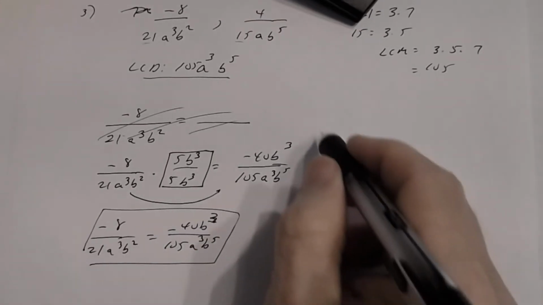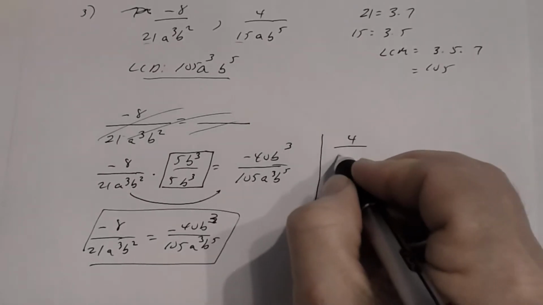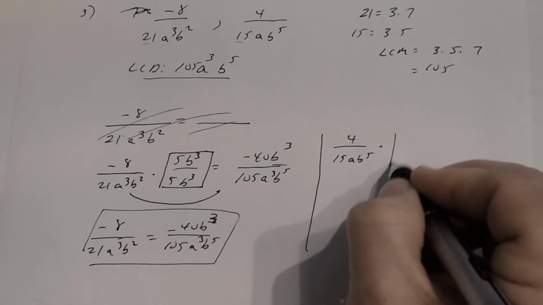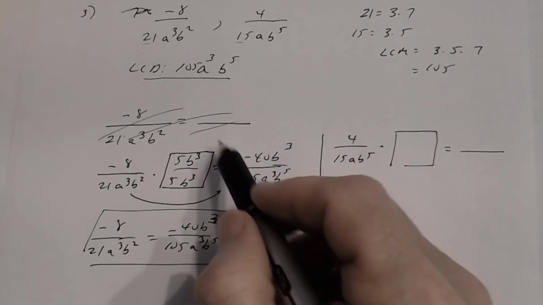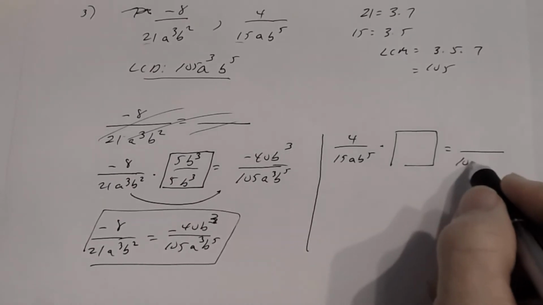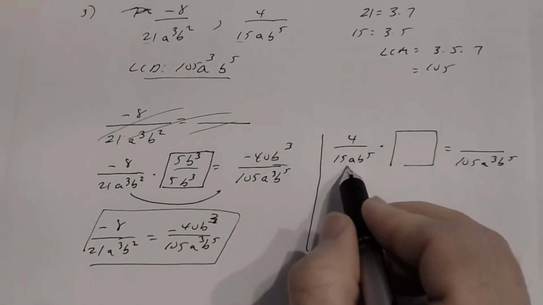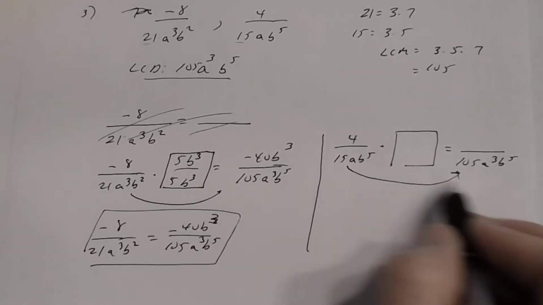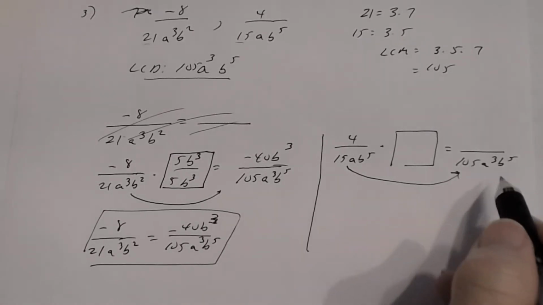Okay, now the second one, this one here, let's see what we get. 4 divided by 15, a b to the 5th, times some rational expression, and I want to end up with this denominator. So 105, a cubed b to the 5th. So I want to write an equivalent rational expression of this to give me one that has this denominator.